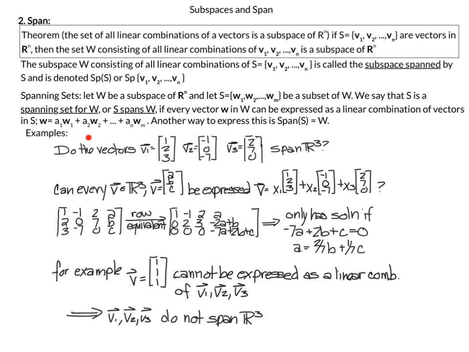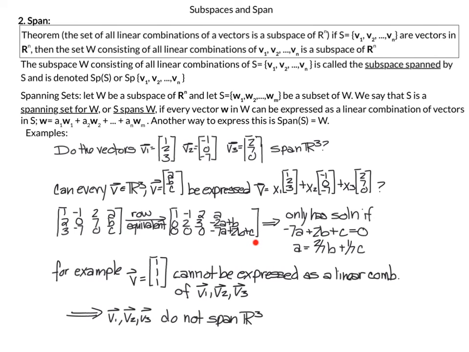For comparison, we have this example. We have three vectors, and we want to know if it spans R3. Again, does it span R3? We want to know if every vector v can be written as a linear combination of these three vectors. So we take the vectors, we put them into our augmented matrix with the a, b, c, that's v.